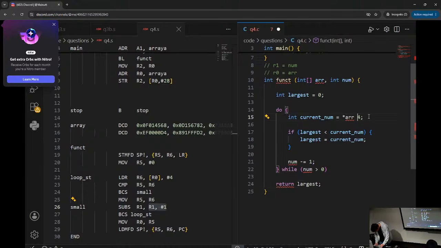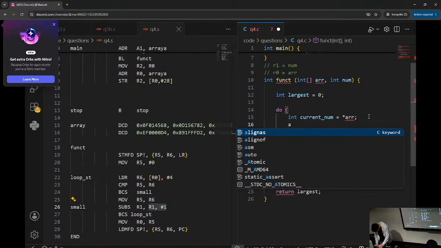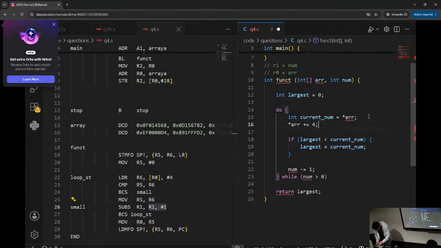It is supposed to be, you can do plus equals 4. I'm probably not correct with C syntax, but you get the general idea, right? I haven't written C in a while. Yeah, so that's the gist of what this program does. And to answer that question, originally, all it does is find the largest number.